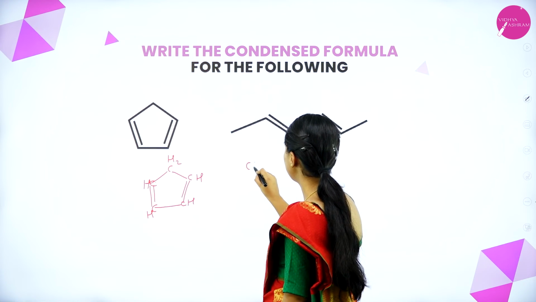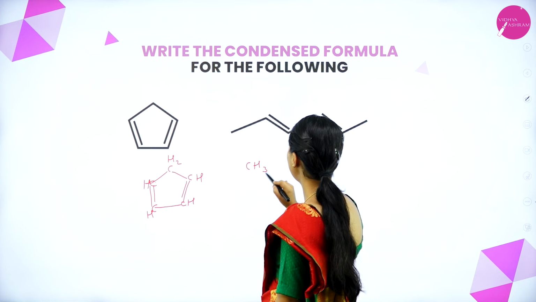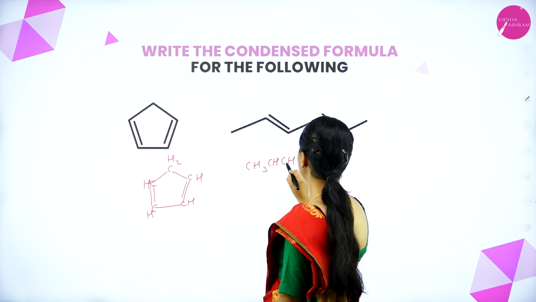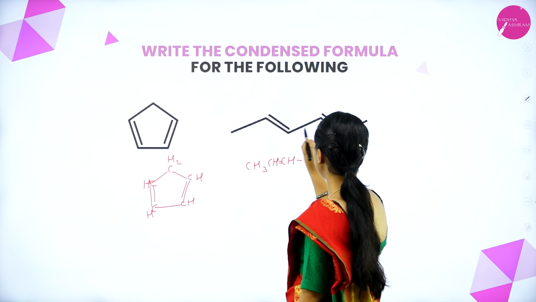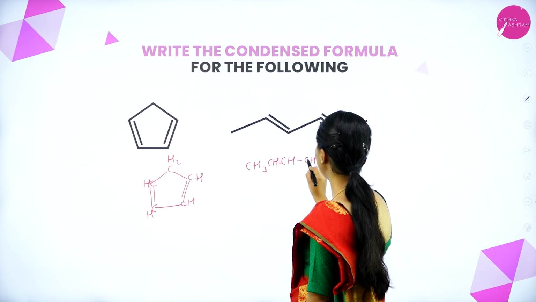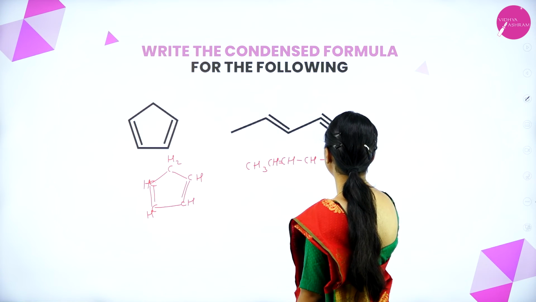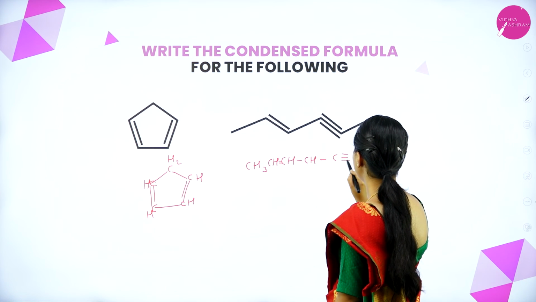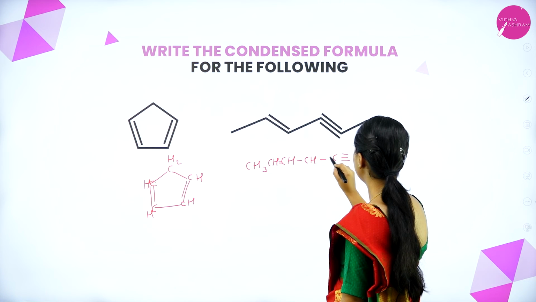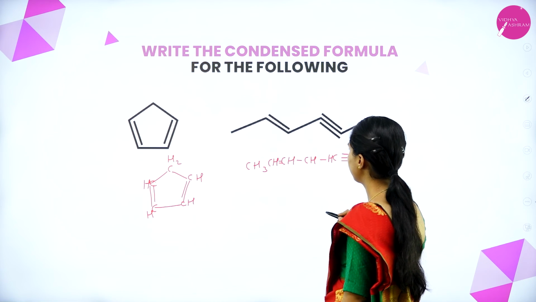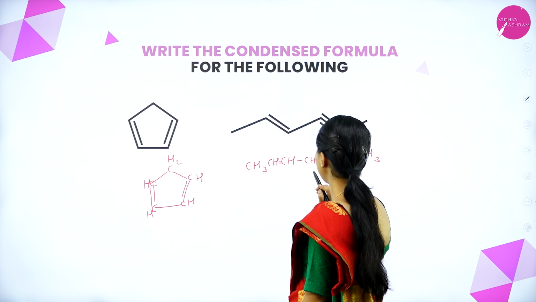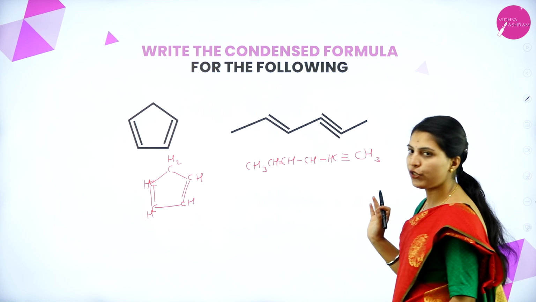This is the CH3 terminal, CH. Here also CH, double bond. 1, 2, 3, 4, 5, 6. Here CH3, triple bond, CH. Here once again CH3, CH, CH. Once again CH. This is how the condensed formula will be written.